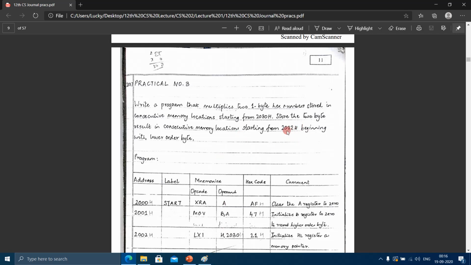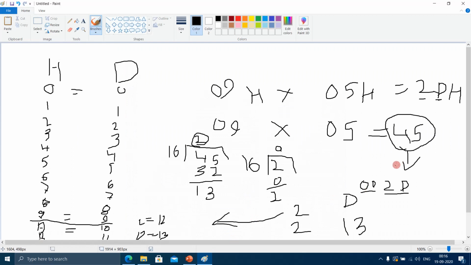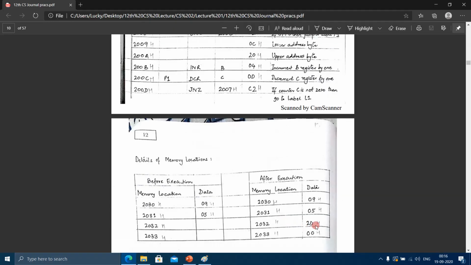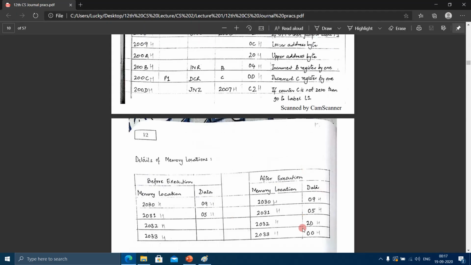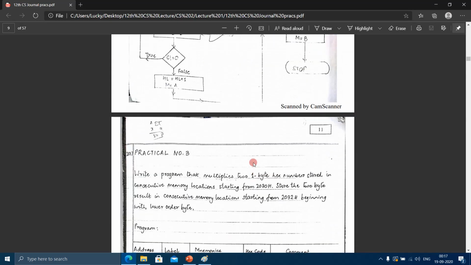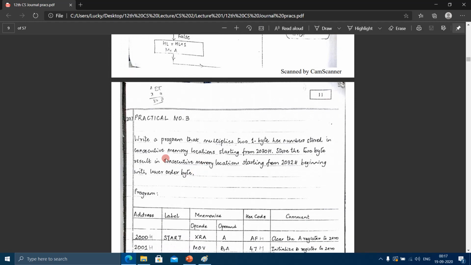So at location 2032, the lower order byte 2D will be stored, and at location 2033, the higher order byte 00 will be stored. So I hope the question is clear to you.